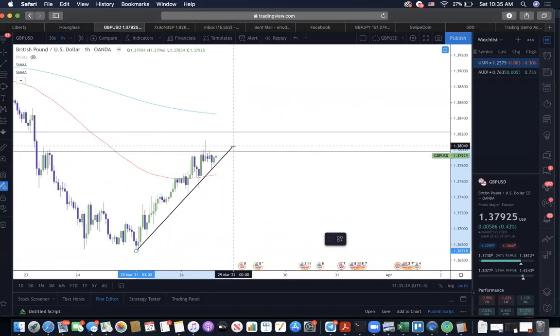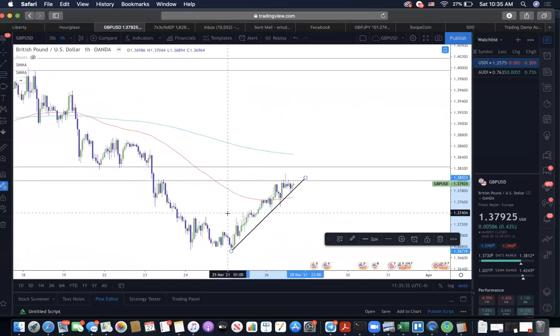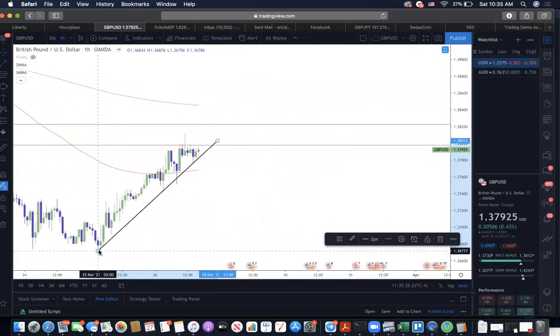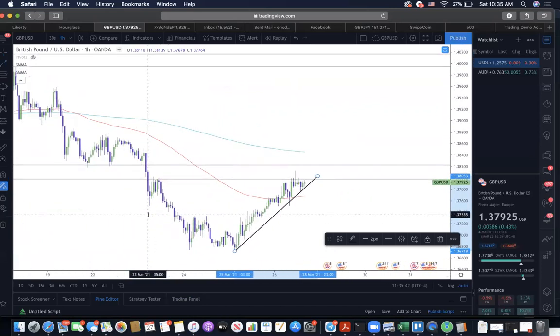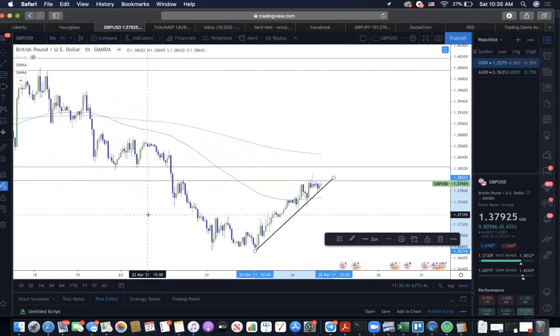And I'm gonna just drag this out like this. So we got 1, 2, 3, 4, 5, 6 touches, makes this trend line very valid.